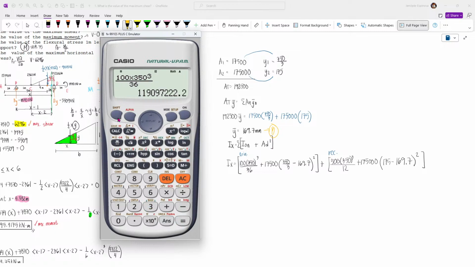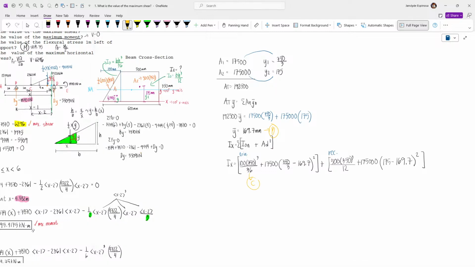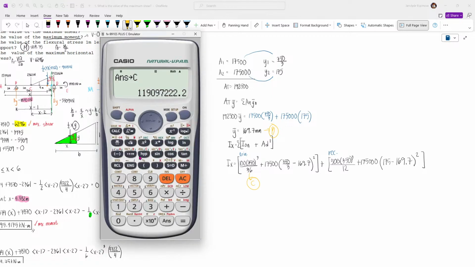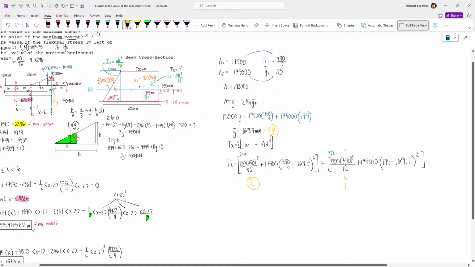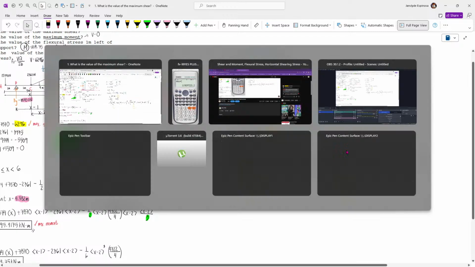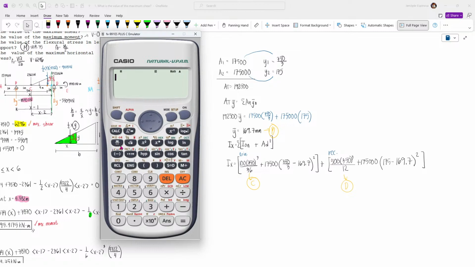Para makita lang ninyo ang Caltech pod, i-store na lang ko niya sa C. So nani siya sa C, and then kani i-store na lang po ni sa D ang mga individual nga mga I nila. So 500 times 350 cubed over 12, we have this value. So shift store D na.